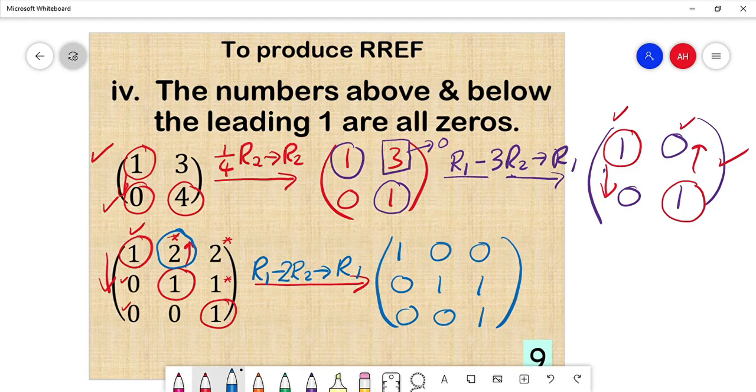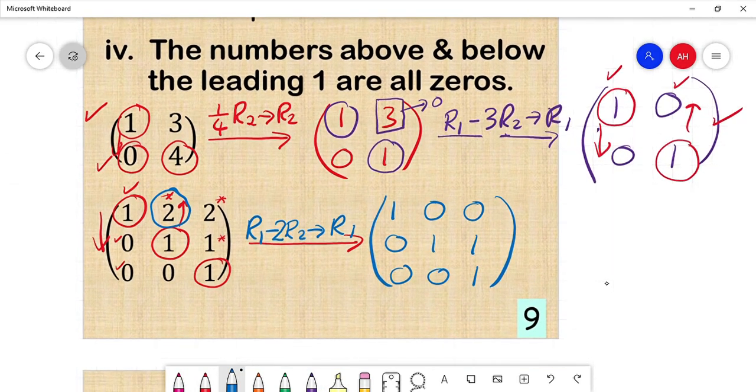Now let's check one more time whether this matrix has all zeros above and below each leading one. For the first row we have this leading one, below it are all zeros. For the second row, this is the leading one, above it 0 and below it also 0. Good enough.